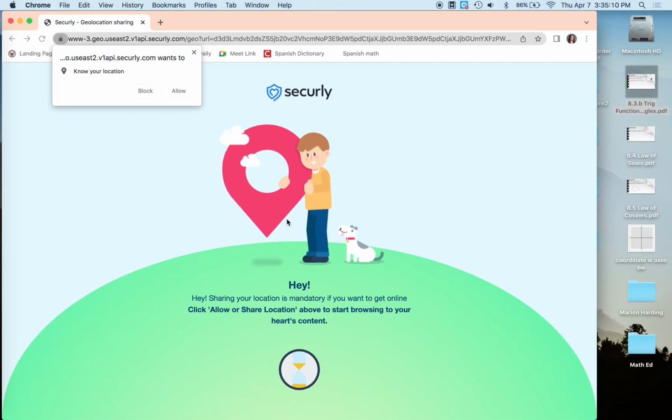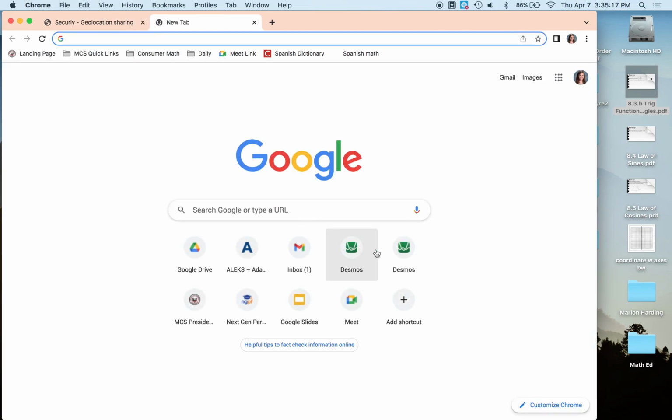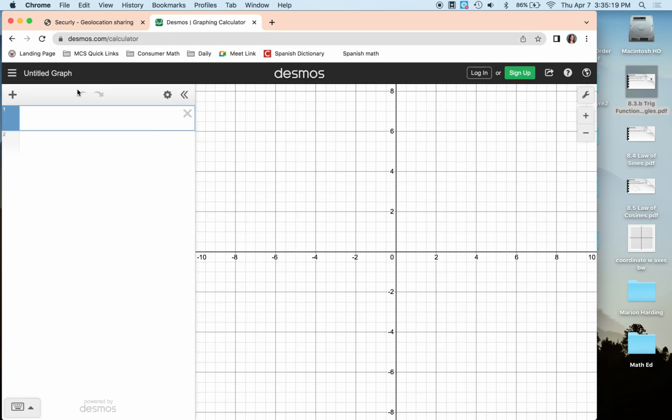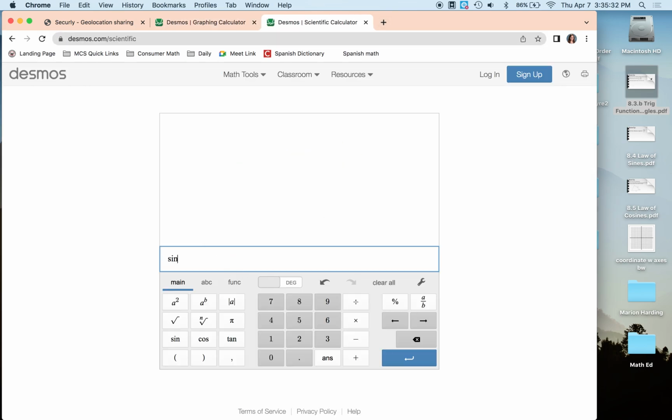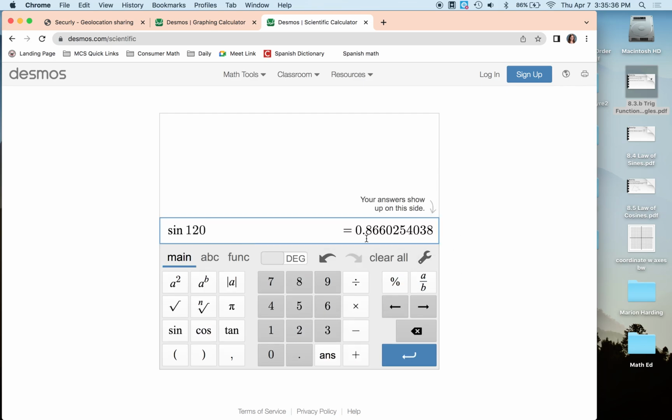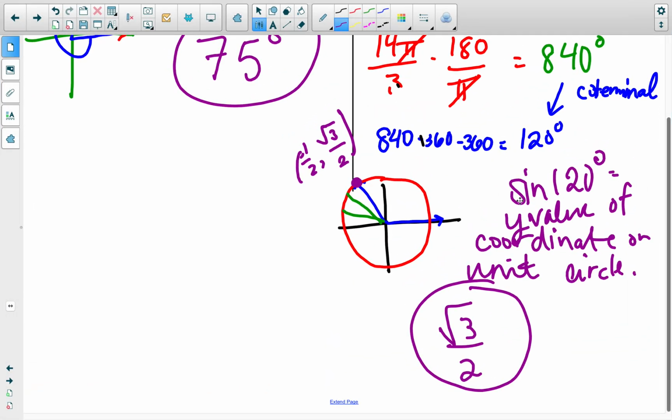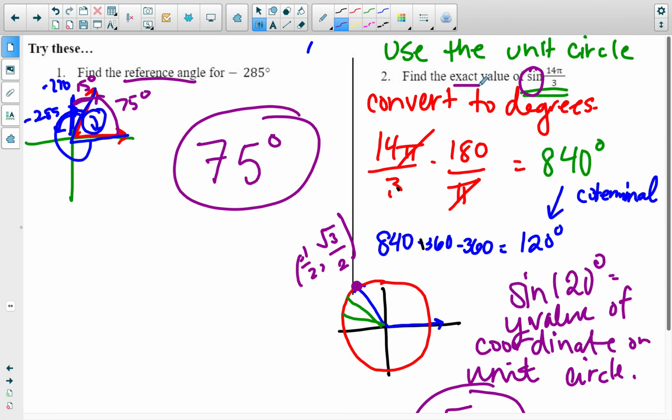If you type this into your calculator, oh my goodness, I'm sorry guys, my computer's being all funny. All right, if you type in sine of 120, actually let's move over here for a second to this calculator. You're going to get this, which is not in exact form. Okay, and this question wants our answer in exact form.